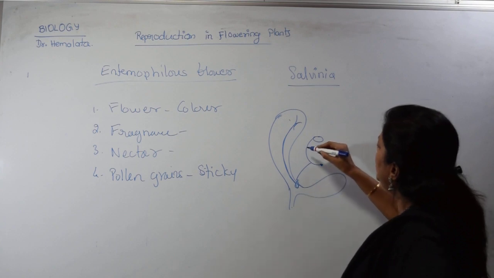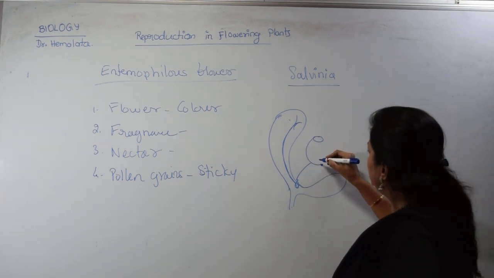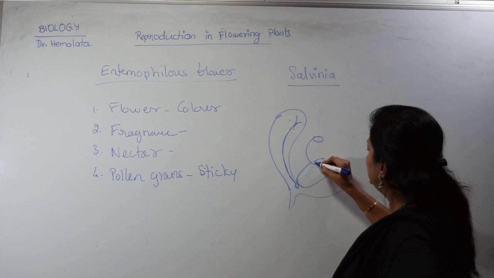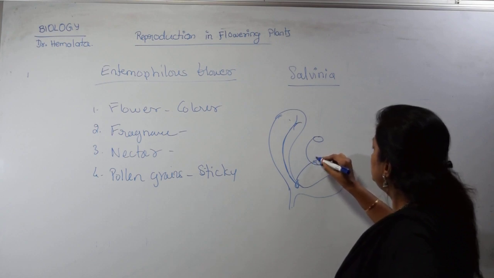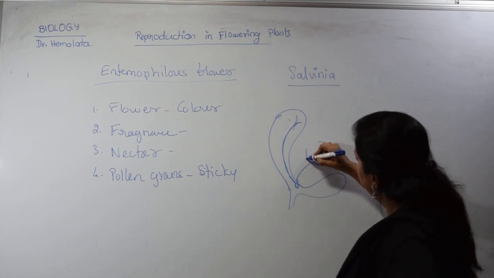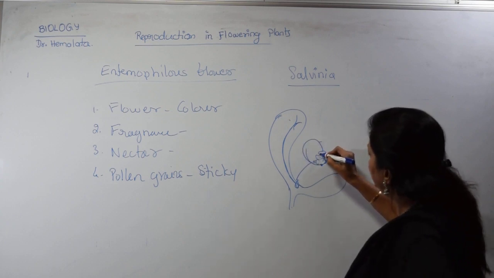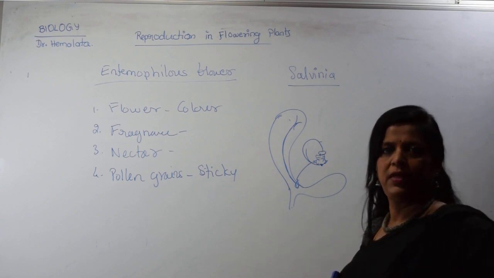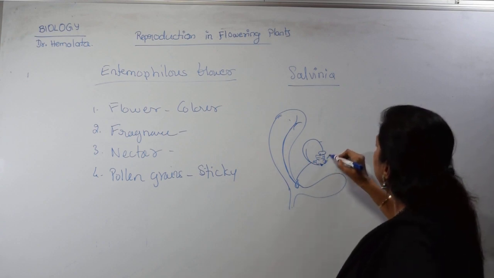Normally whenever an insect comes and sits on this, imagine there is an insect attaching to this. When it sits here, this will turn down and hit the body of the insect. Right? And it will carry pollen grains and go away.